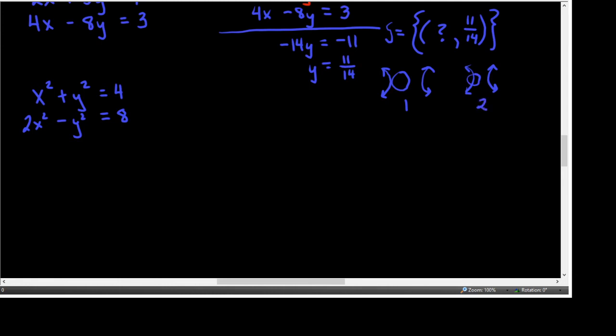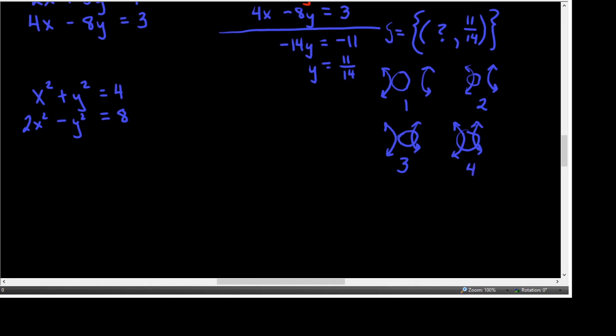Could you get 3 points of intersection? We're just talking about can you. Oops, that's not a very circular circle, but pretend. Yes, you could get 3. Could you get 4? Yes, you could. Could you get 5?